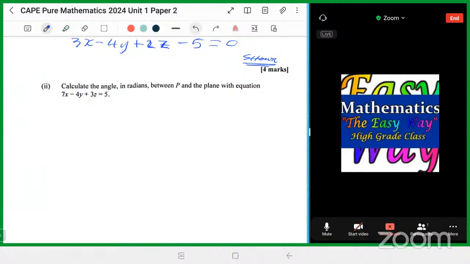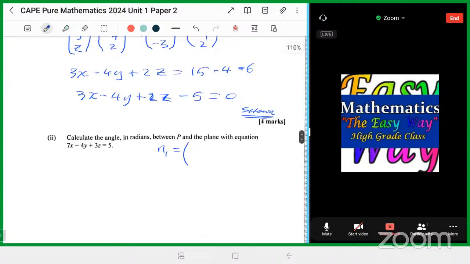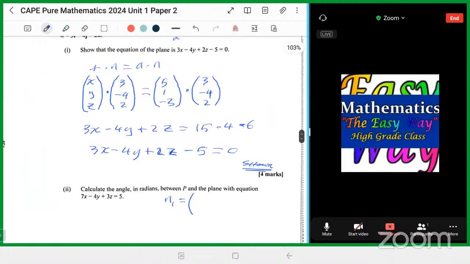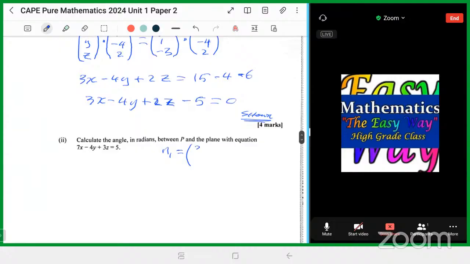So the angle between two planes is the angle between their normals. So the normal on P, let's call it n1, is going to be the vector that they gave us up here: 3, negative 4, 2.